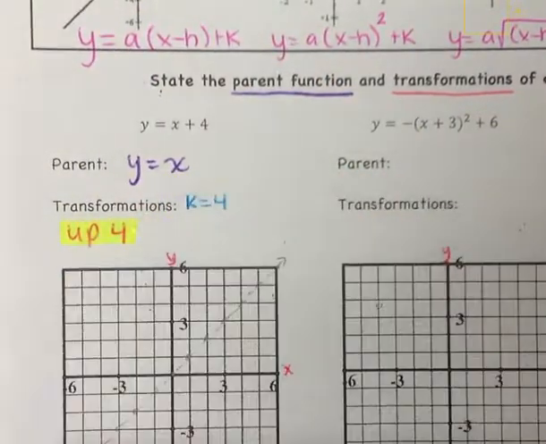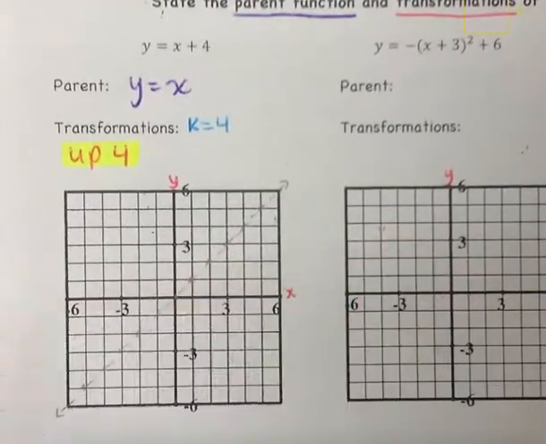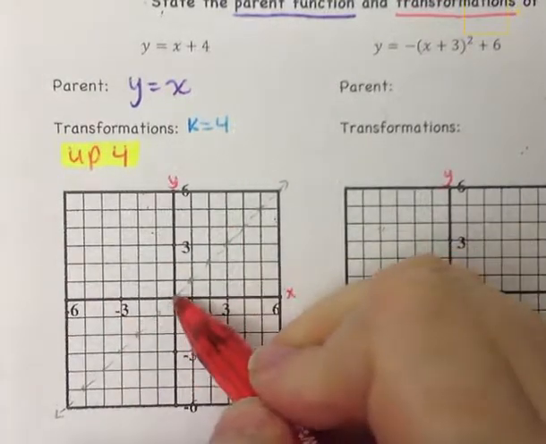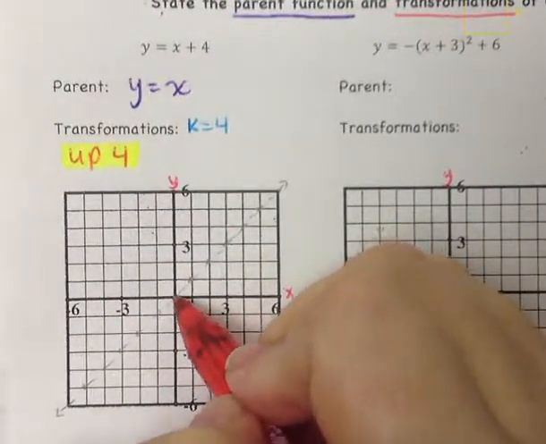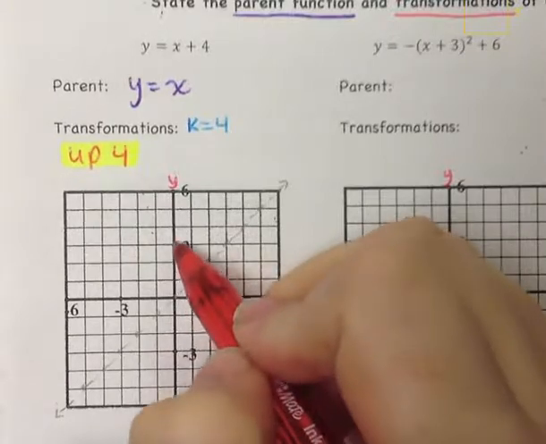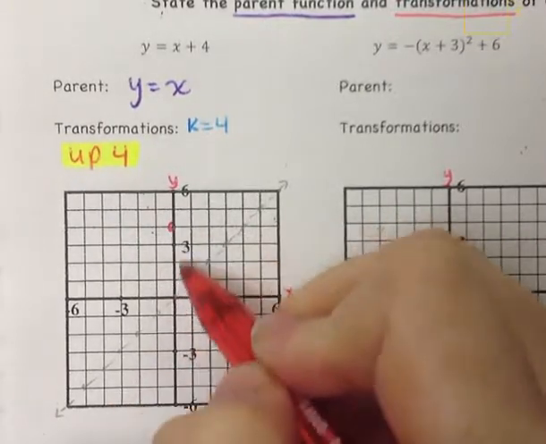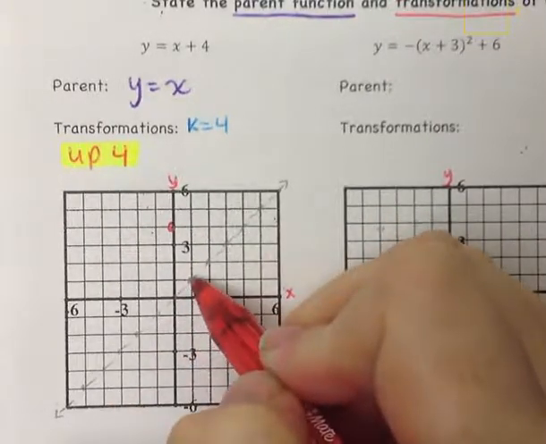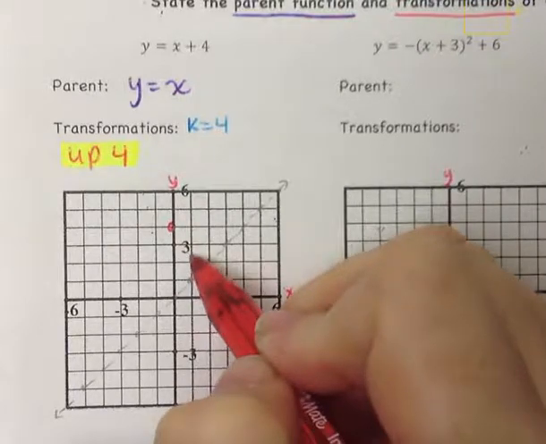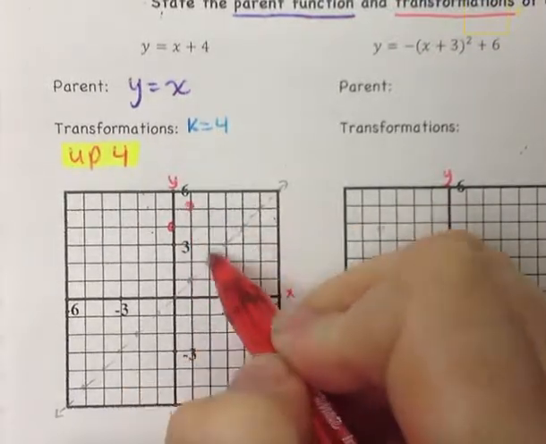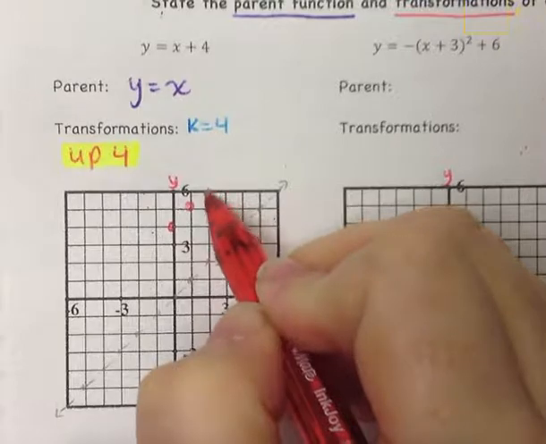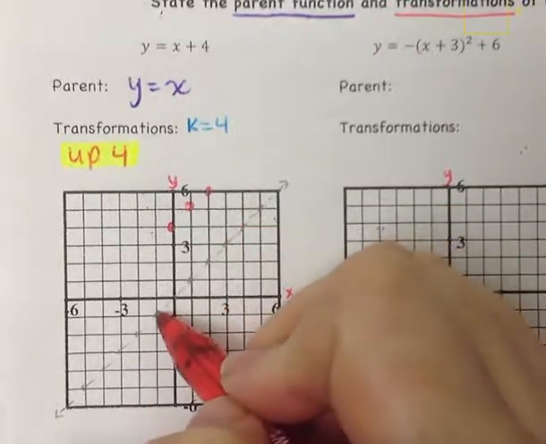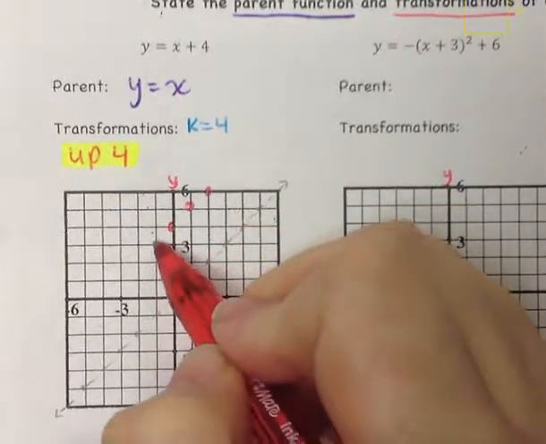What that means is that every one of these original coordinates from the parent function is moving up 4. So if I move this parent function, the original coordinate, up 4, 1, 2, 3, 4, and I move every coordinate up 4, I just continue moving over. 1, 2, 3, 4. I can also come down here. 1, 2, 3, 4.